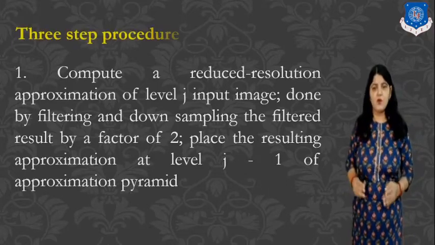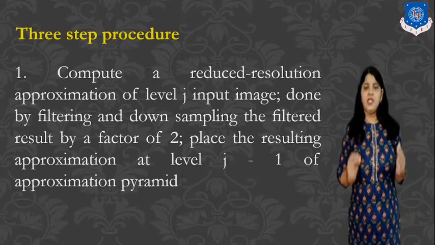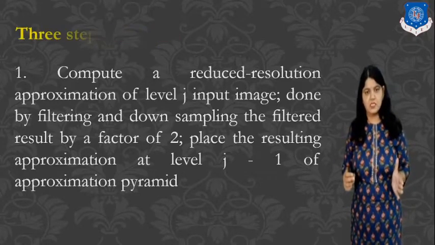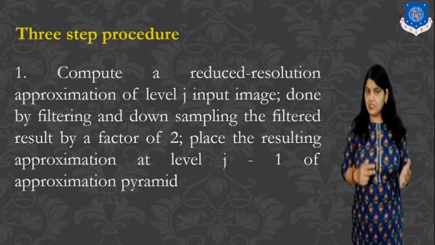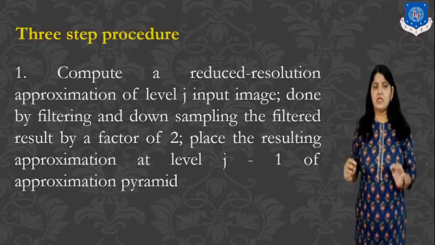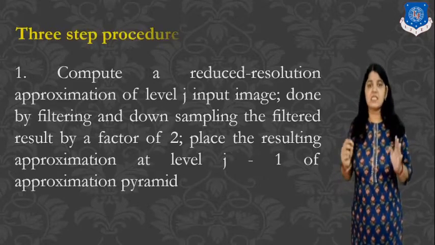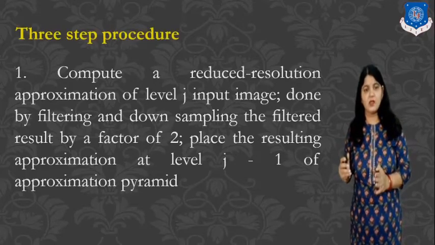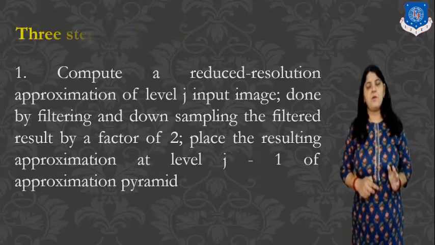Step number 1: compute a reduced resolution approximation of the level J input image. This is done by filtering and downsampling the filtered result by a factor of 2. Then place this approximation at level J minus 1 of the approximation pyramid.